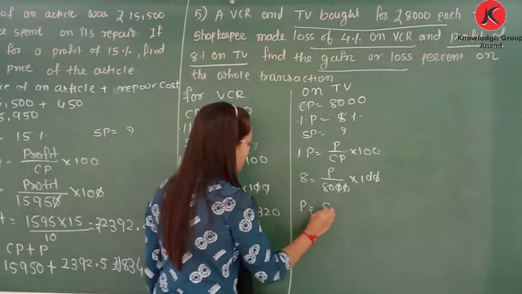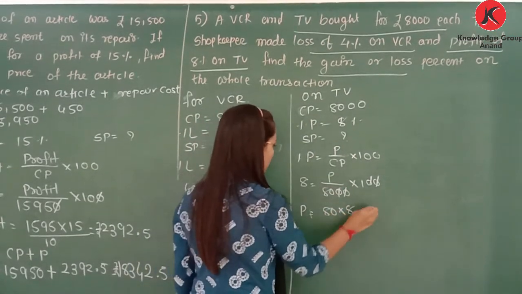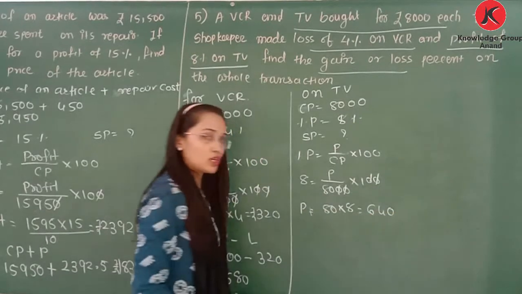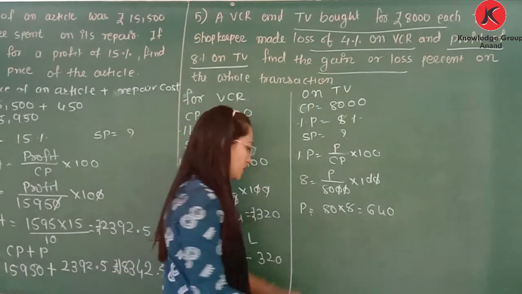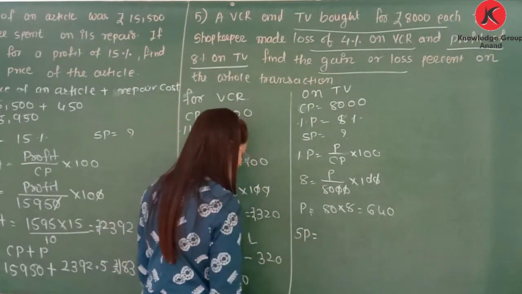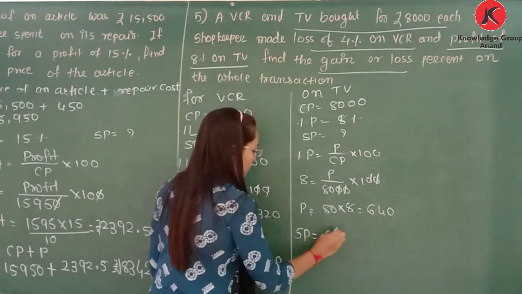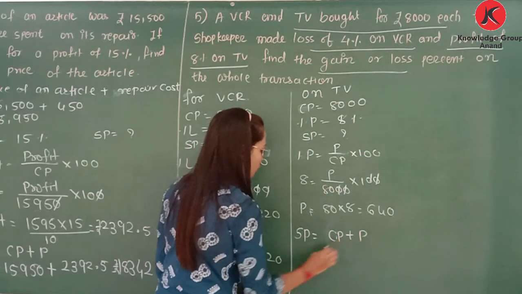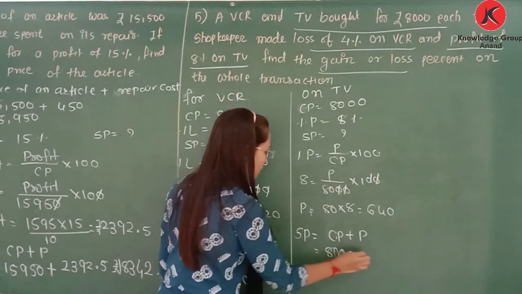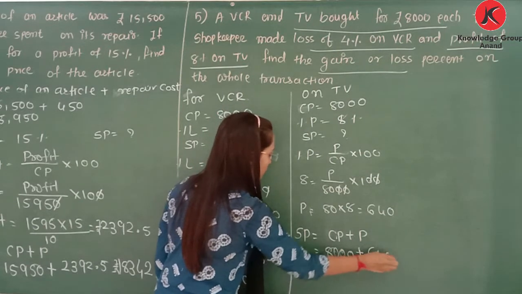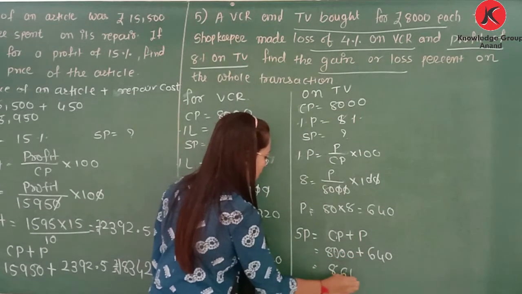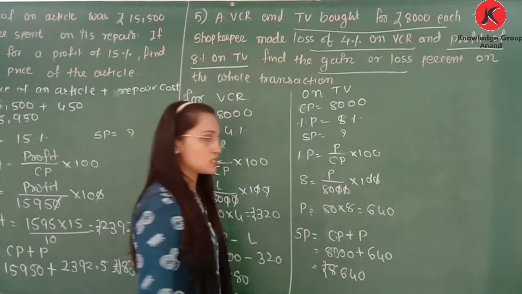So profit is equal to 80 multiplied by 8, that is 640. So profit is 640 rupees. So we can find the selling price is equal to CP plus profit, 8,000 plus 640. So it is 8,640 is the selling price of TV.